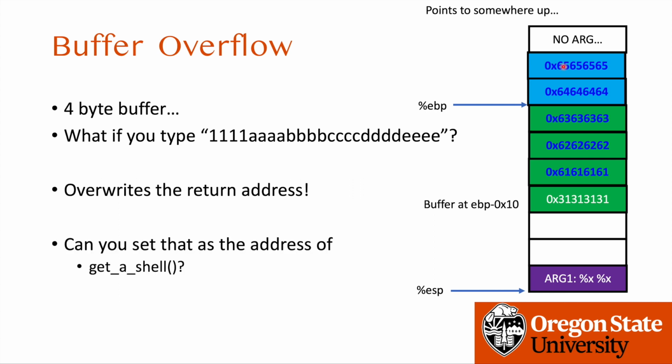For example, if we change this to the valid address of another function, for example the address of the get shell function, then the program will execute that. Something like this. Suppose we put the address of the get shell function here, and let's see what will happen.